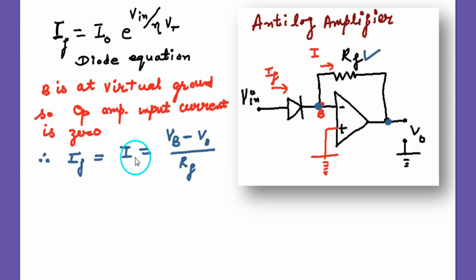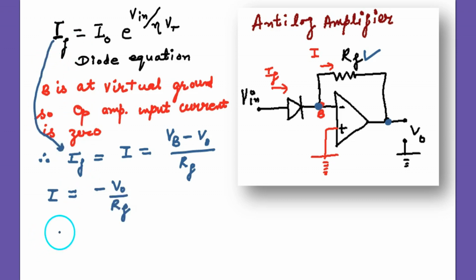So IF and I are equal. What is the current I? I is the voltage here minus the voltage here, meaning the potential difference across RF, divided by RF. Now because VB equals 0, the current I equals minus V0 over RF.